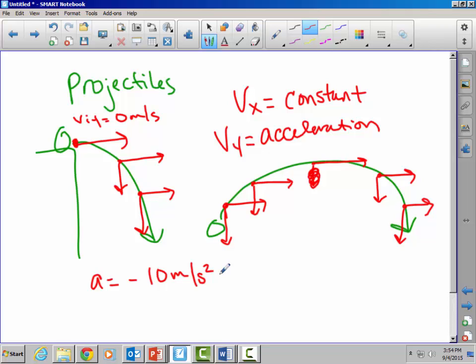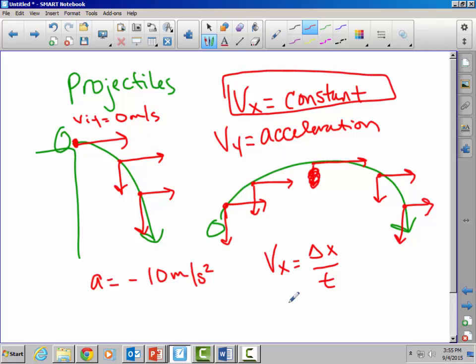And all the same kinematics still apply, except remember that we have to be very cognizant about which velocity we're using. Because in the x direction, the only equation we can use is this one, right? Changing x over t. Because there's no acceleration happening in the x direction, so we cannot use a kinematic to help solve for it.